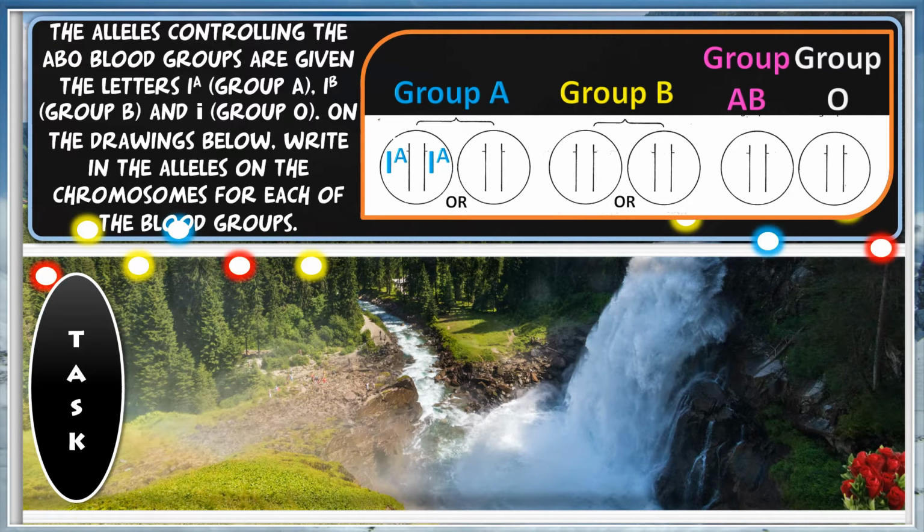The letter capital I exponent A, that is group A, capital I exponent B, that is group B, and small i, that is group O. On the drawings below, write in the alleles on the chromosomes for each of the blood groups. Part of group A has been done for you.